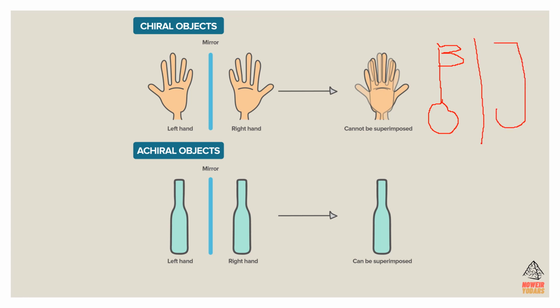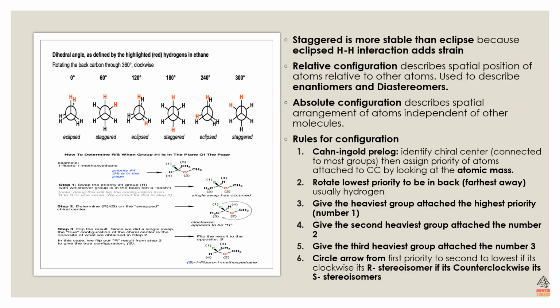And then you get the reflection of this key. When you put them on top of each other, you're going to have one looking this way and one looking the other way. So they're not superimposable, they don't fit on top of each other. While achiral objects fit on top of each other. The way they're built, they can be superimposed on top of each other.